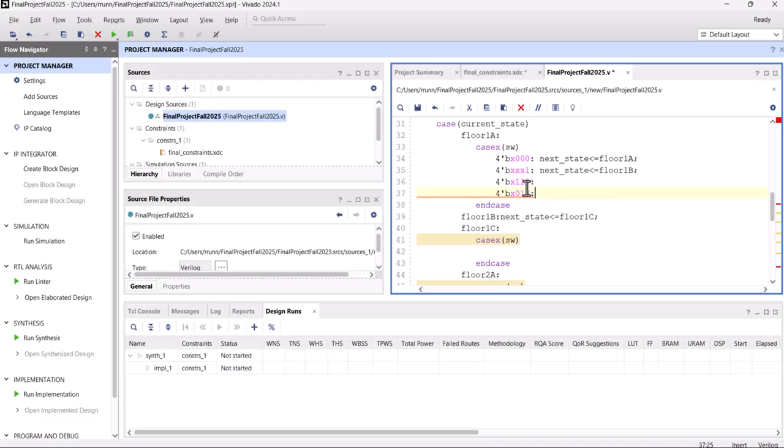Notice that would be equivalent to saying this.